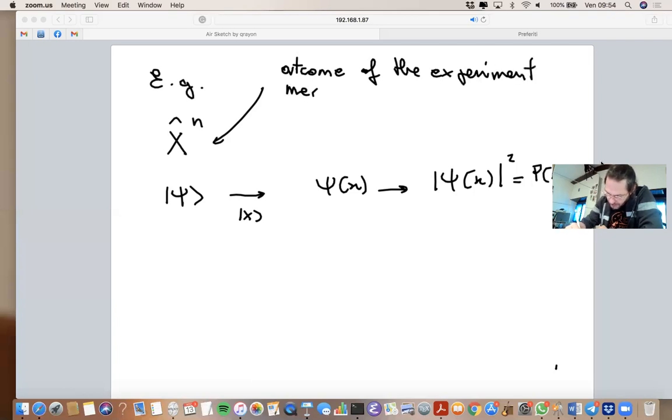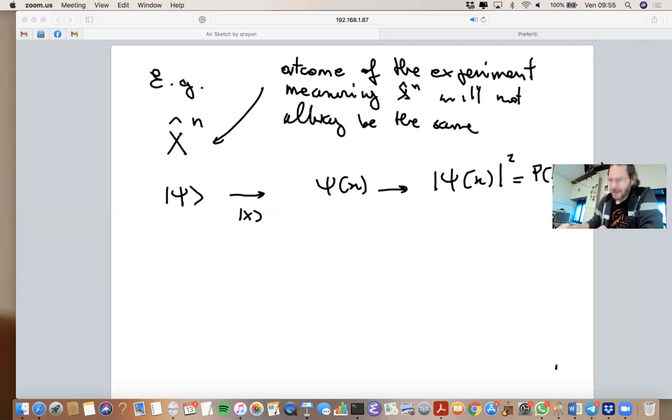measuring x to the n will not always be the same. Classically, because the particle is moving, but quantum mechanically, because the wave function is giving you a finite distribution of probability.